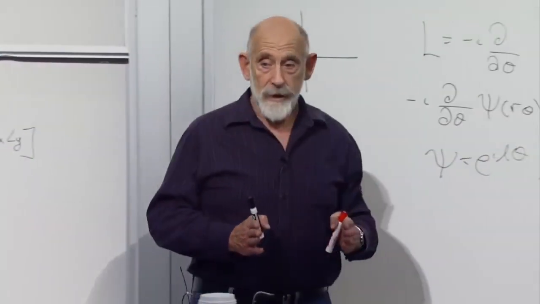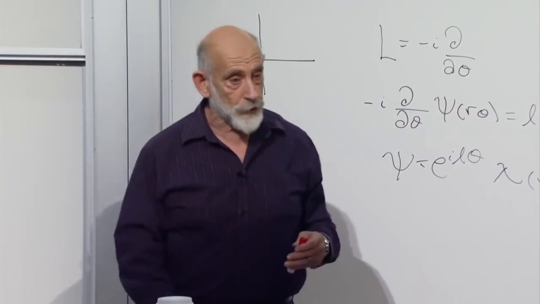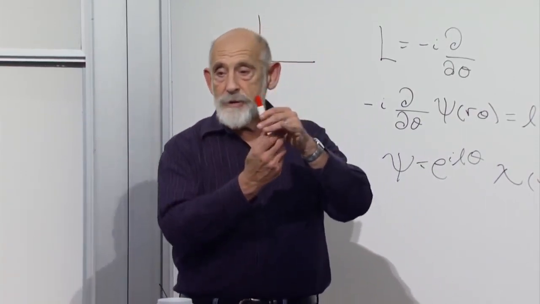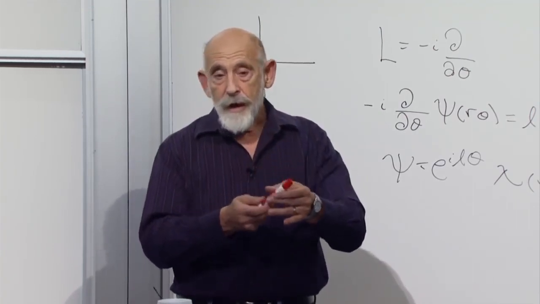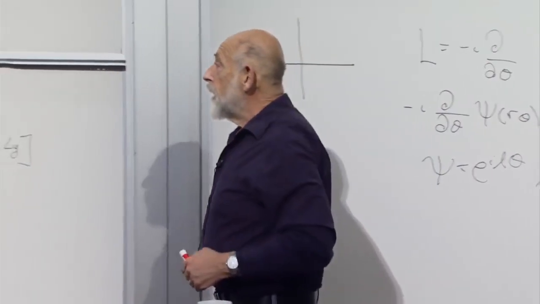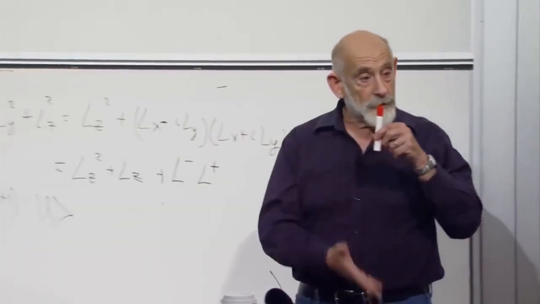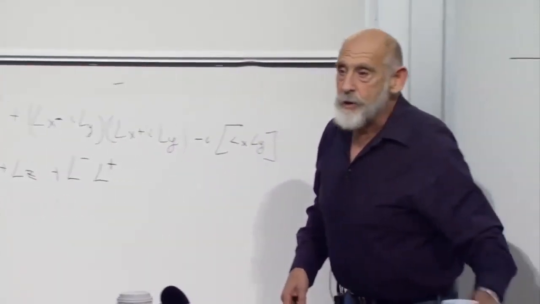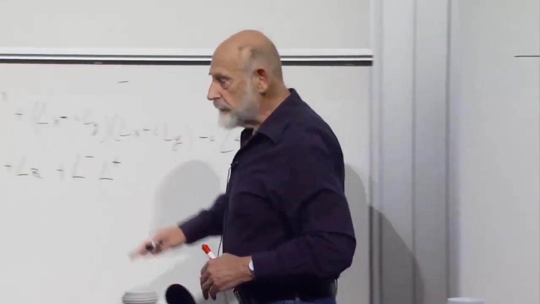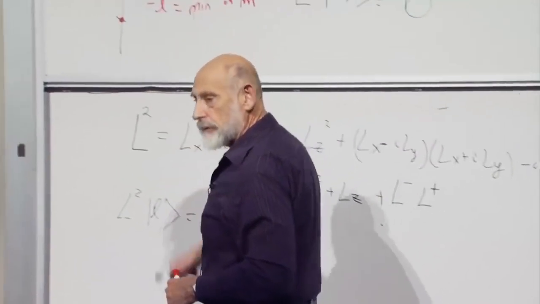Basically, this multiplet is a quantum mechanical version of a state with a given angular momentum except in any possible direction. They all have the same L squared, but they have different projections onto the z-axis. What's new in quantum mechanics is that the projection onto the z-axis is quantized. It comes in integer multiples.